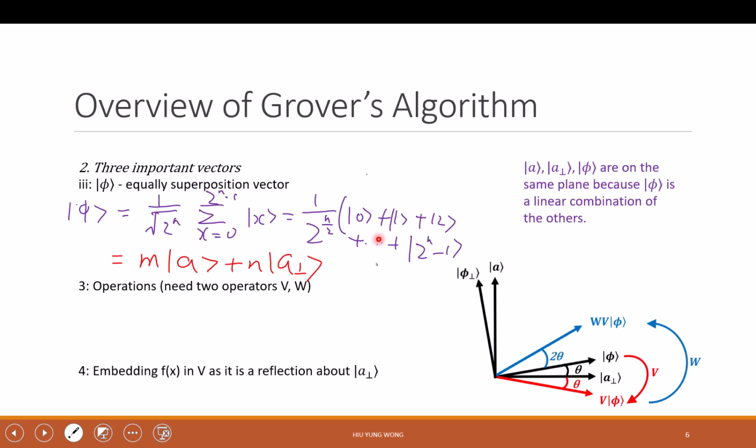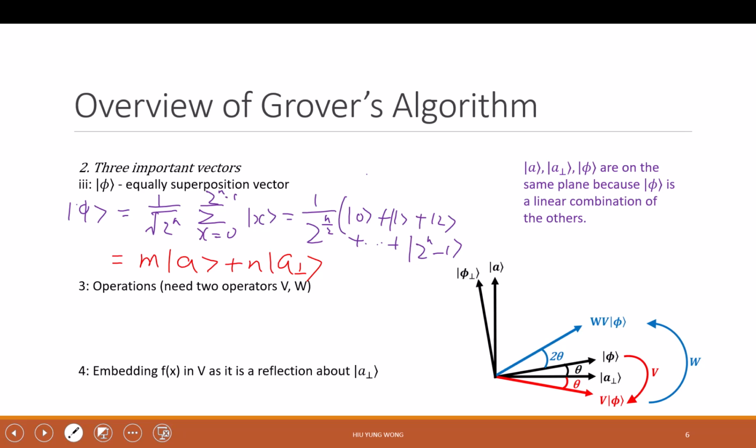But the main point is that it's just a simple two-dimensional linear combination between A and A perpendicular. Because of this, I can draw phi on the same 2D plane as A and A perpendicular, because they're just linear combinations of them, and they're all real numbers. Make sense? So remember, we have 3 important vectors: A, A perpendicular, and phi, which is just a linear superposition of everything.